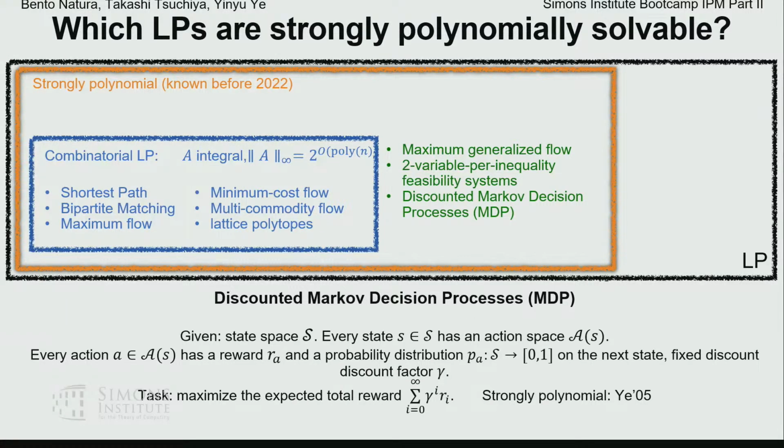Discounted MDP, as long as the discount is fixed. Infinite horizon discounted MDP has a linear programming representation. You can prove the simplex method and policy iteration method are strongly polynomial, but we cannot prove IPM is strongly polynomial.